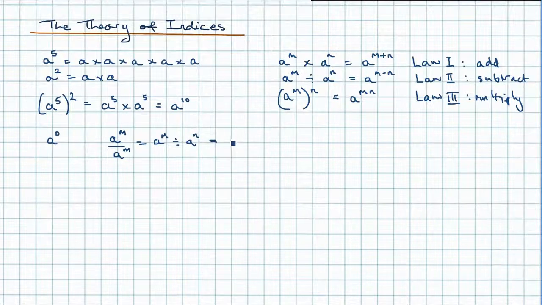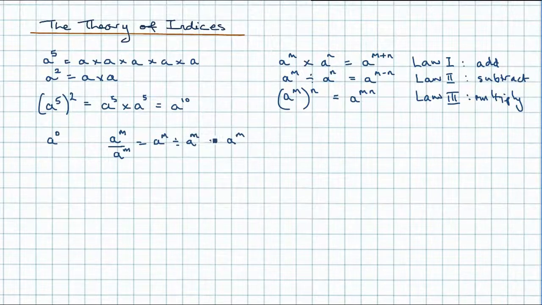So in other words, we end up with a to the power m minus n, but in this case it's not n, it's m, so they're the same.